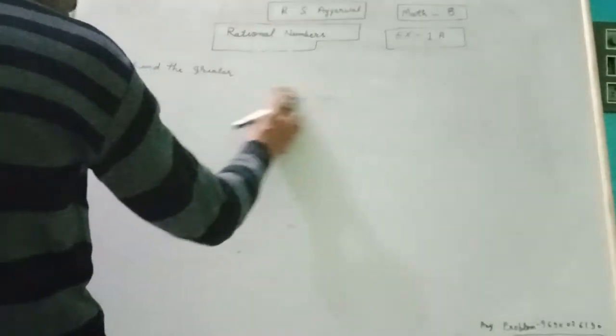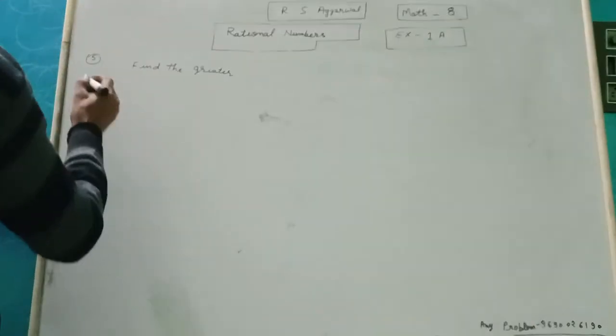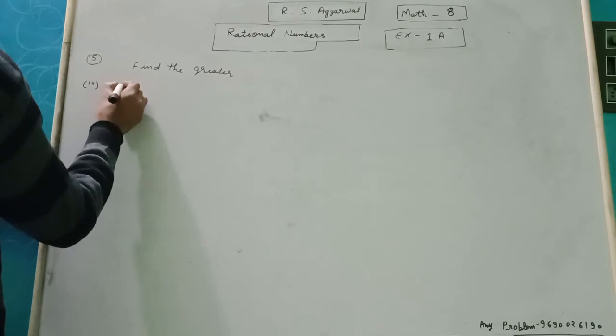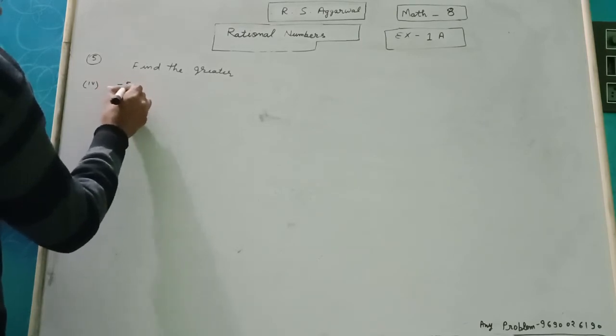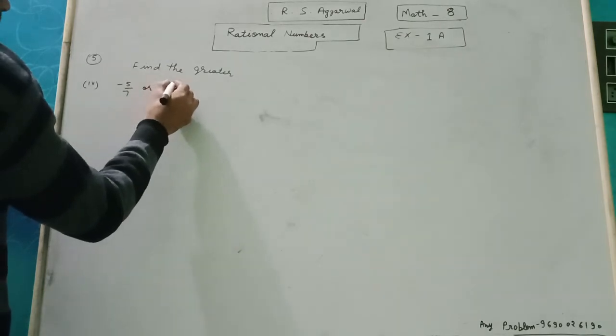4, 5, 6 part. Fourth part is minus 5 upon 7 or minus 4 upon 7.